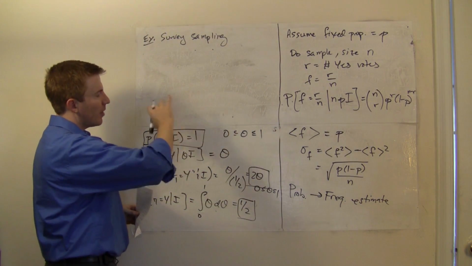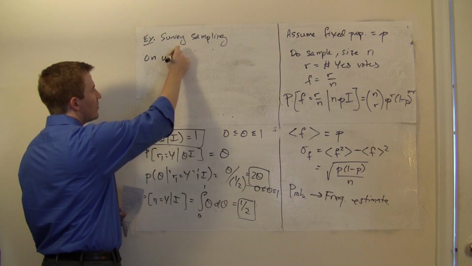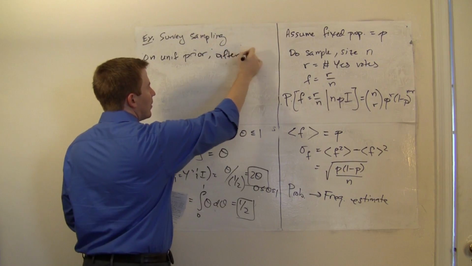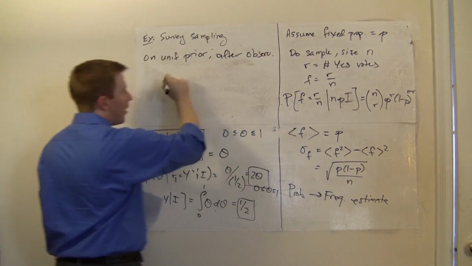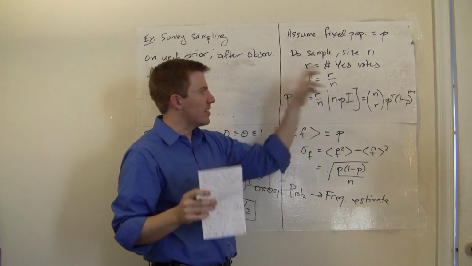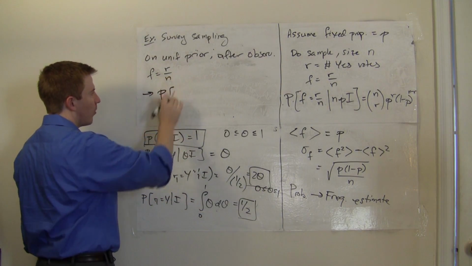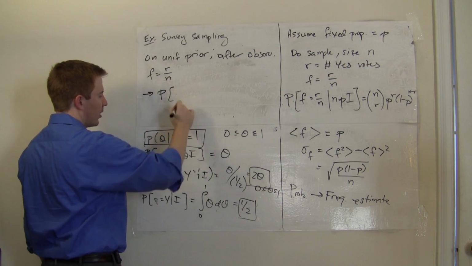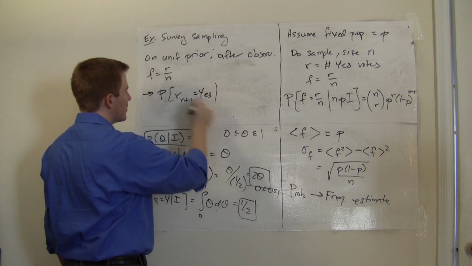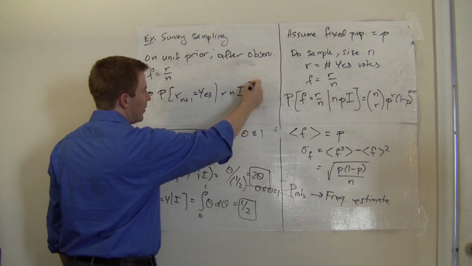The basic template of that, as we've seen before, is, on this uniform prior, after observing a sample of size n of which we had r successes or yes votes or whatever it is, we know our posterior probability assignment for the next person being a yes, so let's write that as r_{n+1} equals yes, conditional on little r and little n, and our background information I.